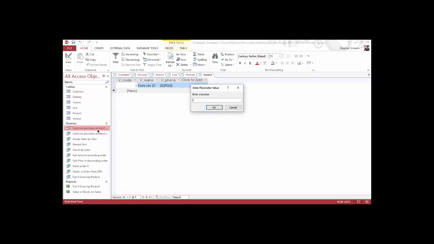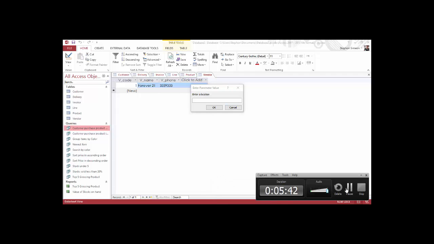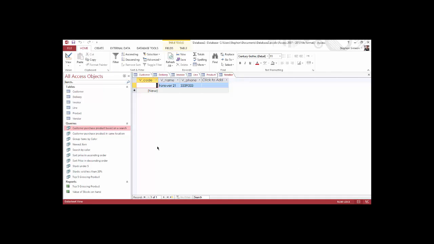So the first query, let me see what the first query is about. Okay, so the first query we have here is the customer purchase product based on a search. This is used for the guys in delivery.